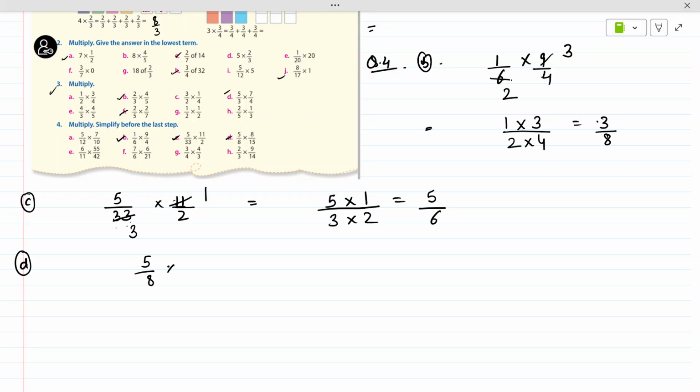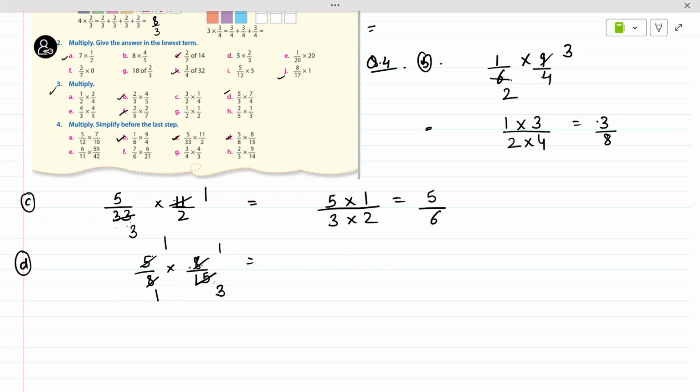Next, let's do the D part. 5 by 8 into 8 by 15. Okay, so this is reduced, this is reduced. Now let us see across. We know 5 and 15, they both have 5 as common factor. So this is 5 into 1, 5 into 3. Done. And also when we see 8 and 8, they have 8 as common factor. So 8 into 1, 8 into 1.